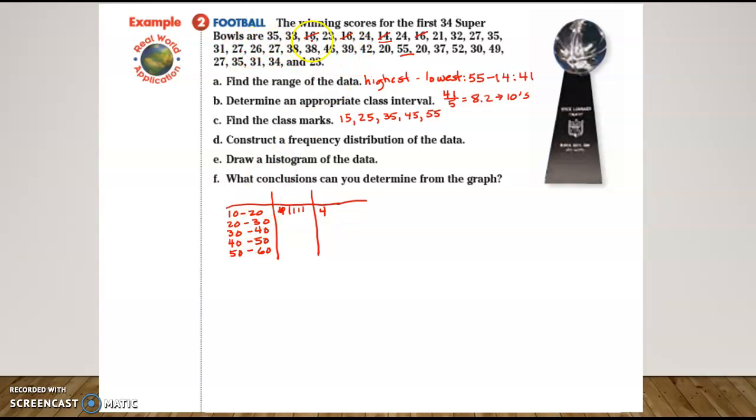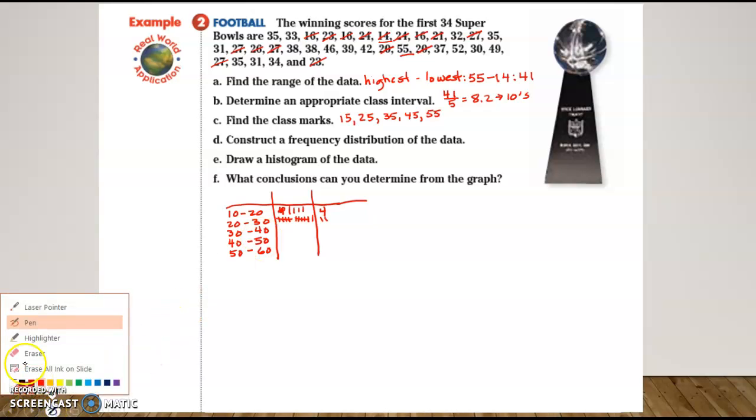20 to 30. So 1, 2, 3, 4, 5, 6, 7, 8, 9, 10, 11. Okay. 30 to 40. Ooh, I missed one. 12.